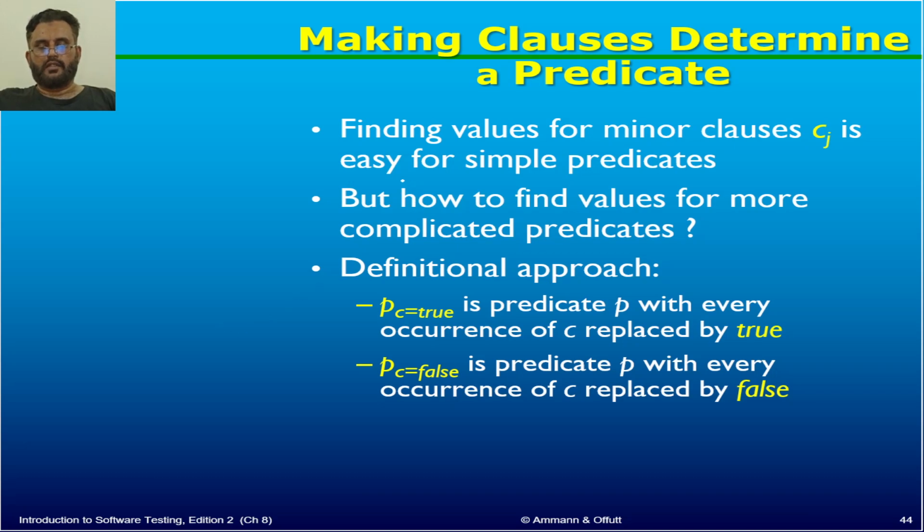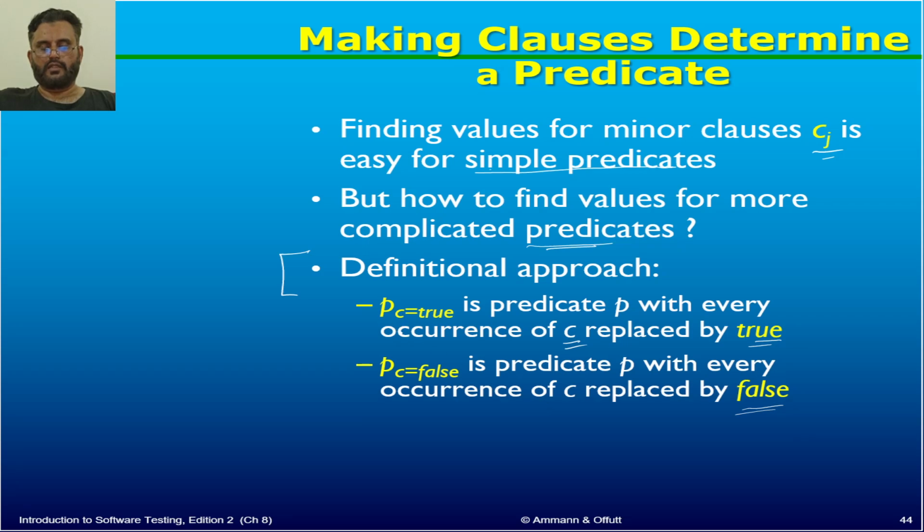Finding values for minor classes, which we denote by Cj, is easy for simple predicates, but how to find values for more complicated predicates? For that we have a definitional approach. How that approach works is that we set P_C=true to be the predicate P with every occurrence of C replaced by true, and we also make a predicate P_C=false, which is the predicate P with every occurrence of C replaced by false.